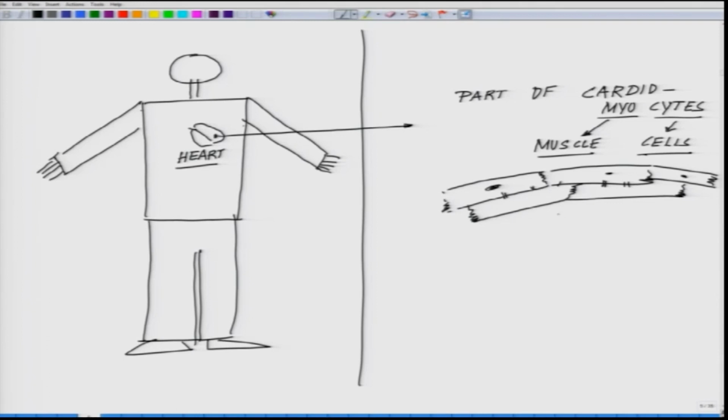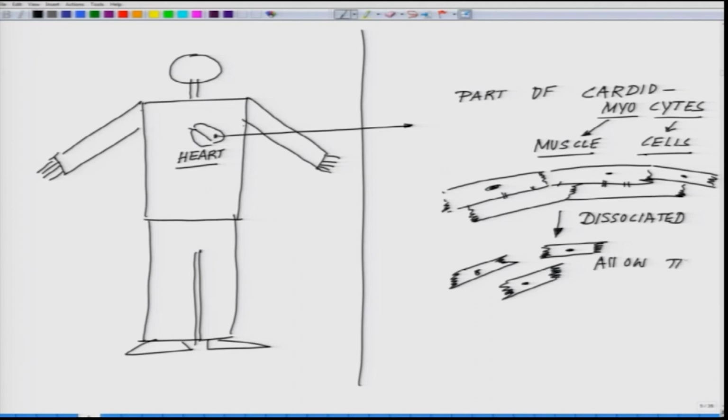Now, I take this cardiac tissue, dissociate it into cardiac myocytes, and allow them to grow in a dish. Once I allow them to grow outside the system, what do I expect from them?